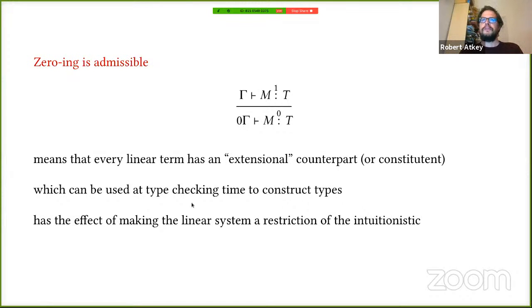So if, let's say, we write a program here which lives in the real world, then we can use that program in the types because this rule is admissible in the system. This has a rather strong restriction, which has the effect of making the linear system a restriction of the intuitionistic system. So what this means is that effectively the only properties we can talk about in the linear system are unary properties.